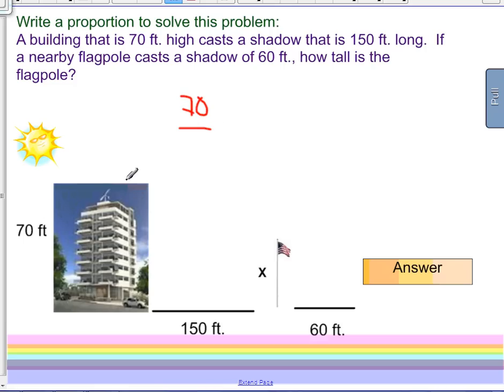So we have 70 feet over 150 feet, my height over my shadow. Then I have the height of my flagpole, which I don't know, over my shadow of 60. Cross multiply, solve, and you should get your answer.